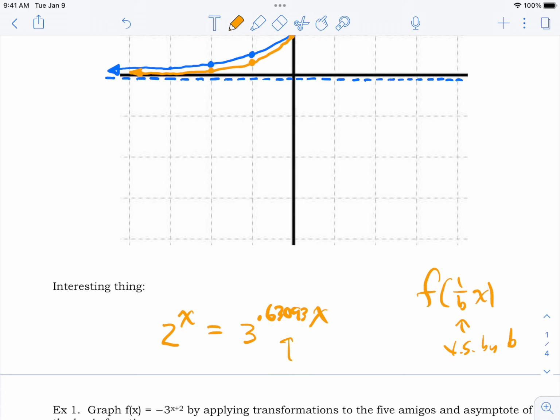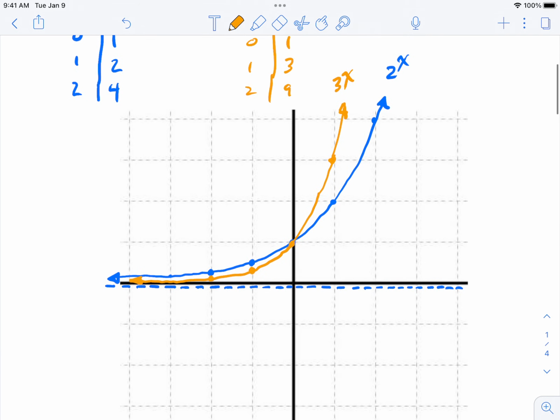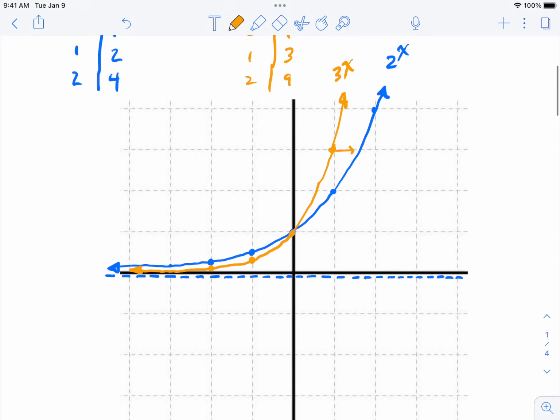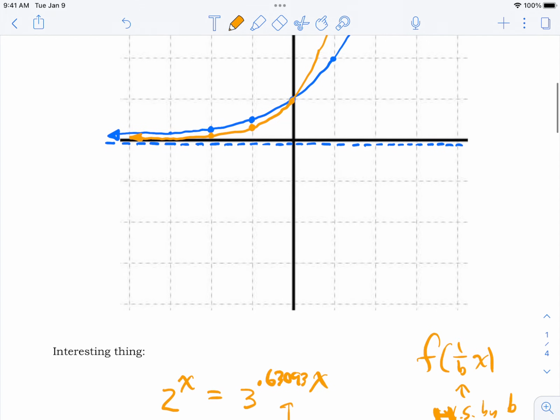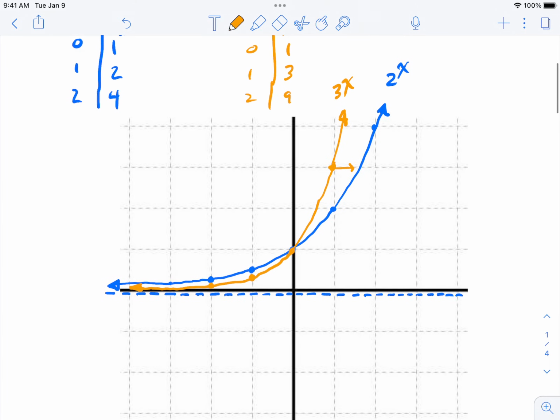So this is like a fraction because it's less than 1. This is a horizontal stretch. In other words, 3 to the x is this thing. If you were to do a horizontal stretch by a factor of 1 over 0.63, whatever that is, you would actually end up on top of 2 to the x.